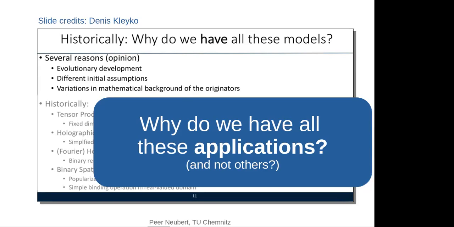So I think there are similar reasons, like those that were mentioned by Denis, like some kind of evolutionary development and background of people. But something important, what I think is that many typical VSA applications and examples were selected by researchers that were interested in VSAs in the first place and not in those applications.